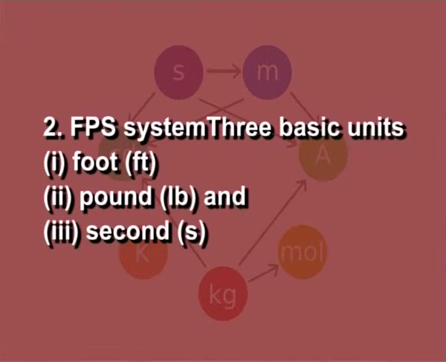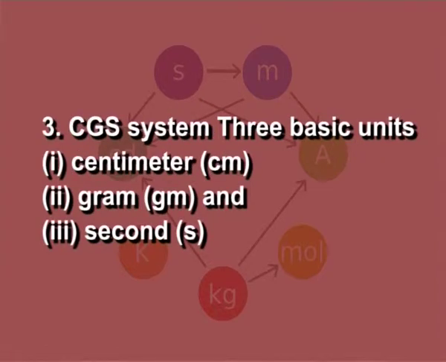Second, FPS system. Three basic units of FPS system are foot, pound and second. Third, CGS system. The three basic units of the CGS system are centimeter, gram and second. Presently, SI system has been adopted officially for exclusive use in engineering and science.